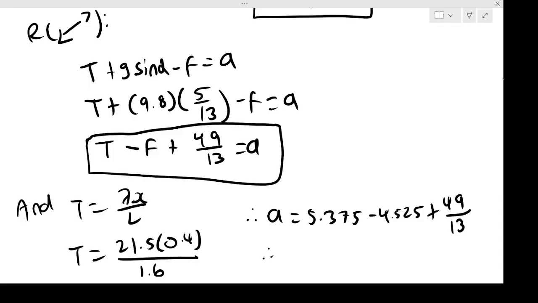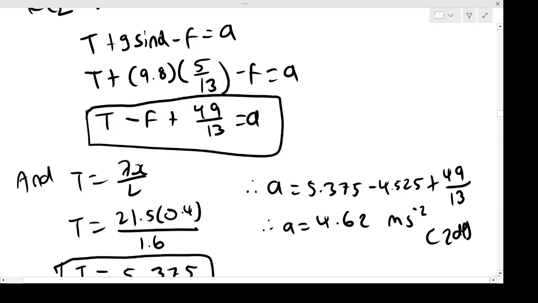Okay, so therefore if we work all that out, I get the acceleration A to be 4.62. Okay, and there we are.